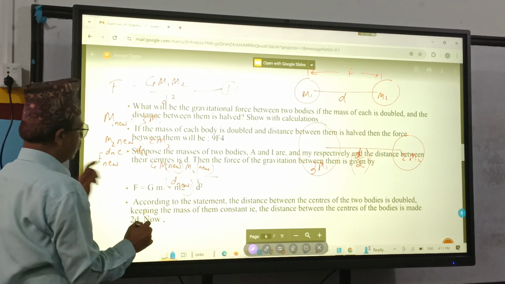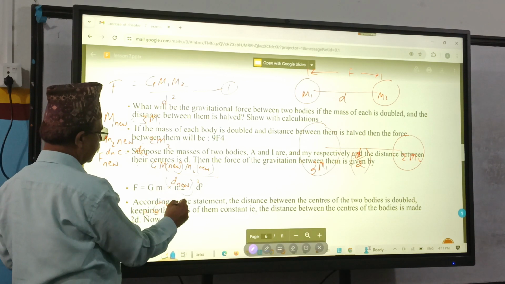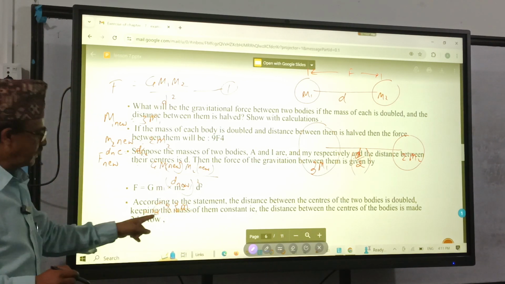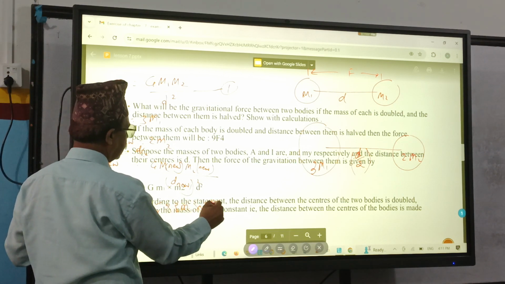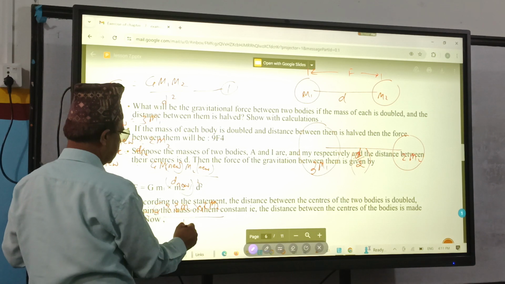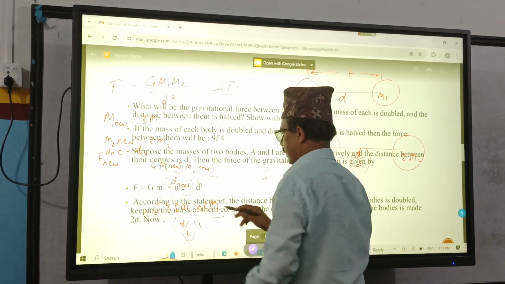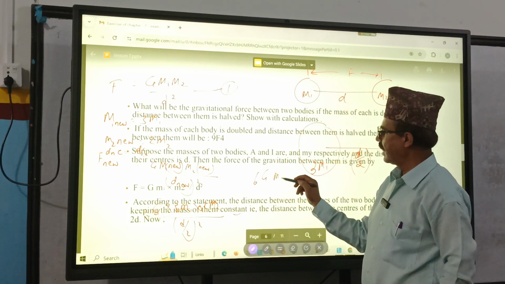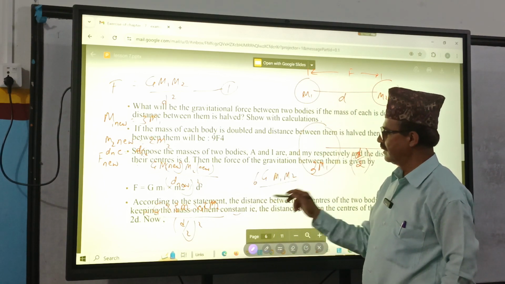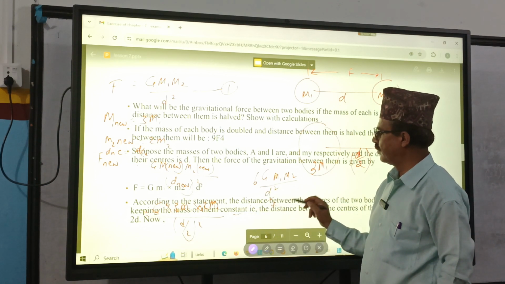Now we can find out. m1 new is 3m1. m2 new is 2m2. The new distance is d by 2. So F new equals G times 3m1 times 2m2 by d by 2 square. 3 times 2 is 6. So 6G m1 m2 by d square by 4.